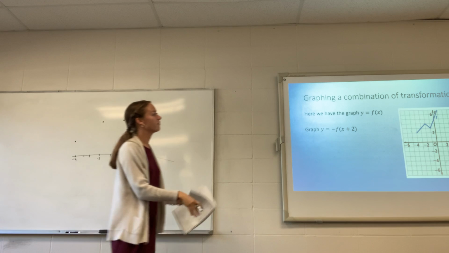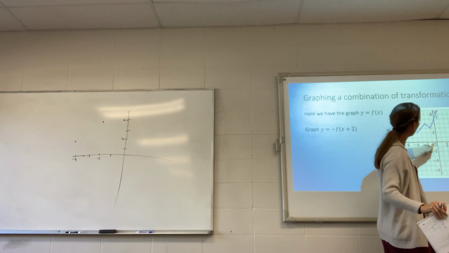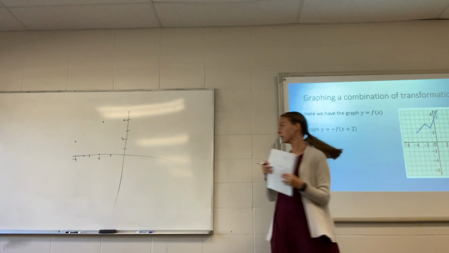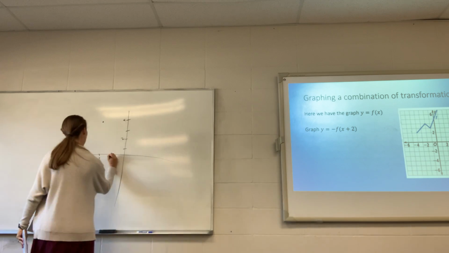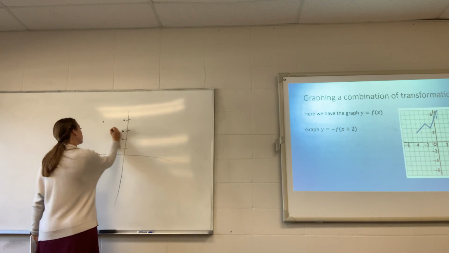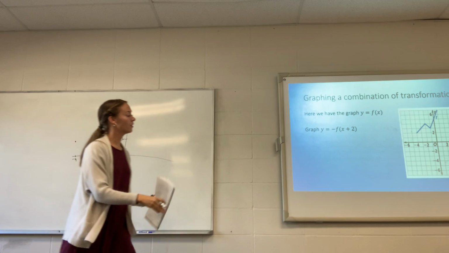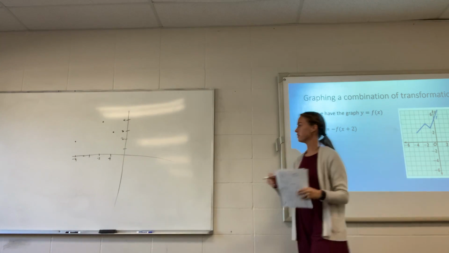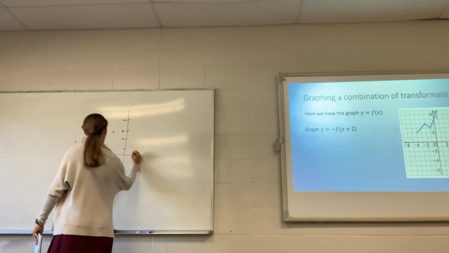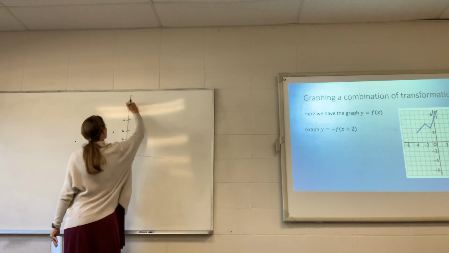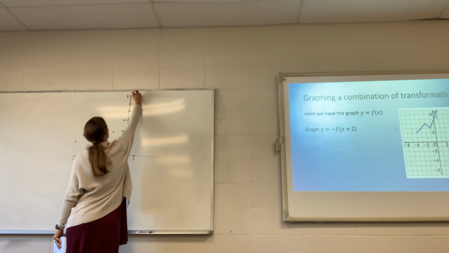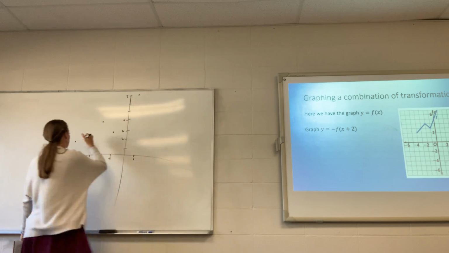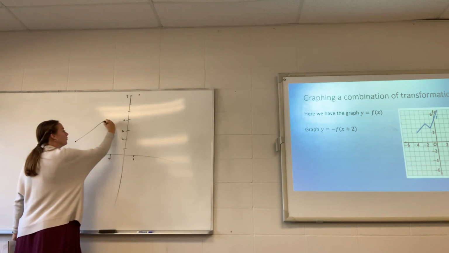And then I have this other point at negative 1, 3. And then the last one, I have one over here at 1, 7. Okay, so these are the points that we're going to move around. Okay, so here's that graph.